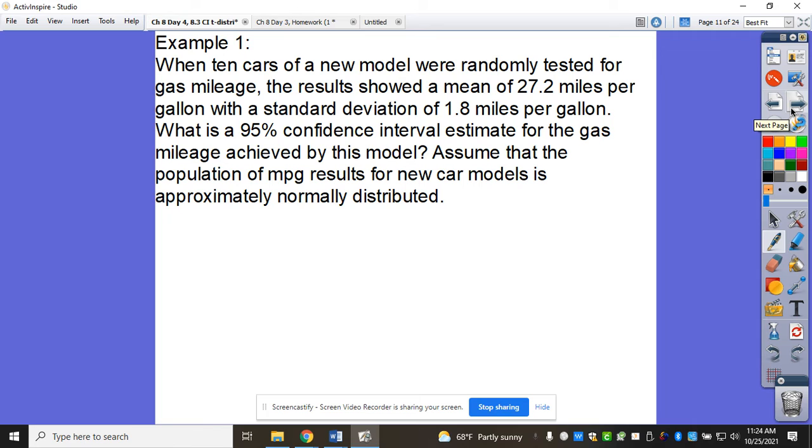All right, so first problem. When 10 cars of a new model, well, this is our sample size, were randomly tested for gas mileage. The results showed a mean of 27.2 miles per gallon with a standard deviation of... We talked about this a little bit on Friday.